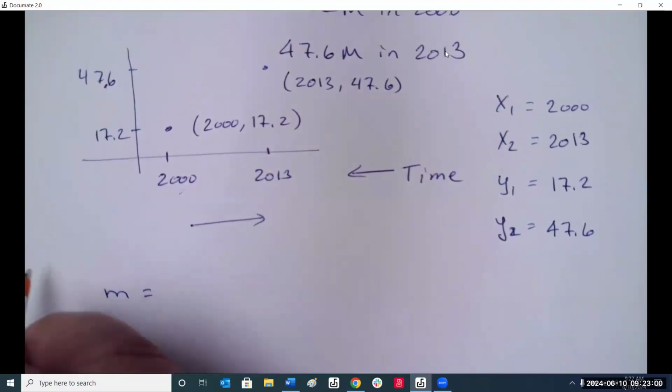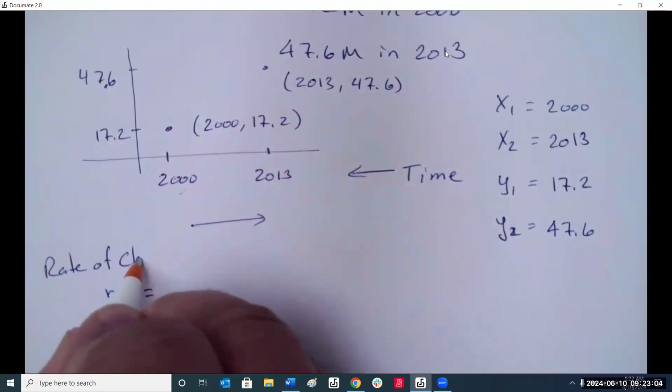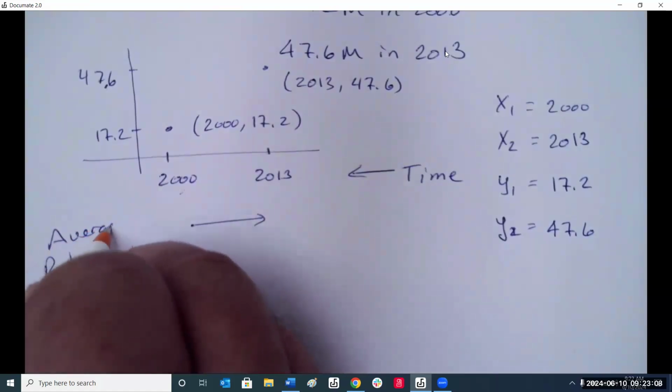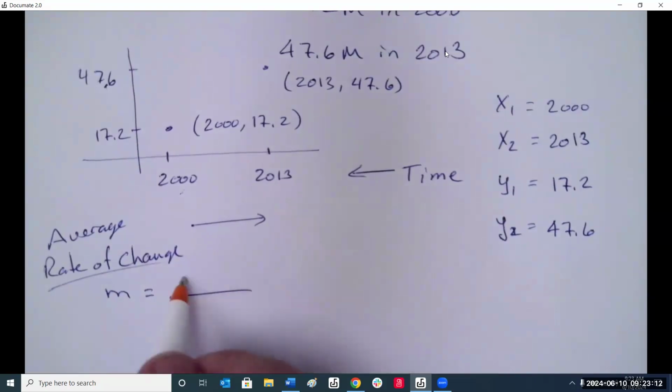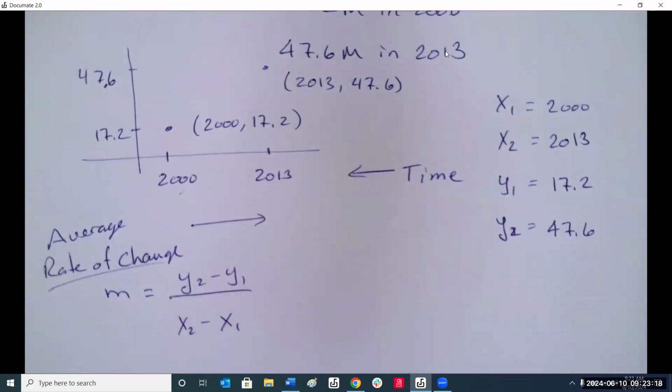So the average rate of change is y2 minus y1 over x2 minus x1.